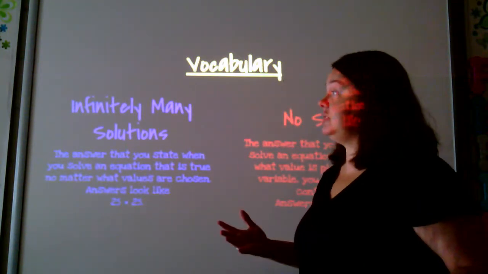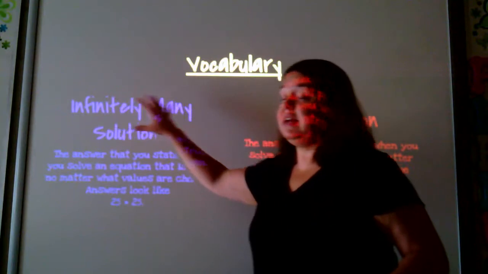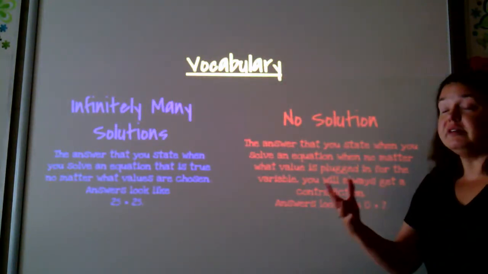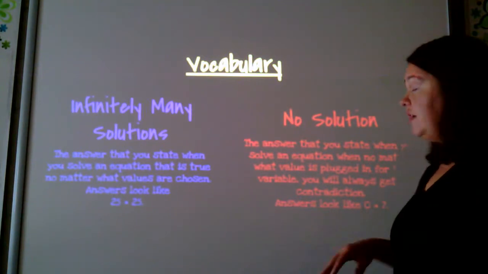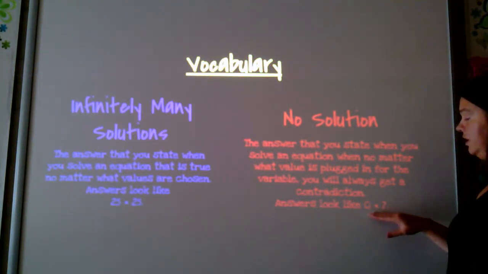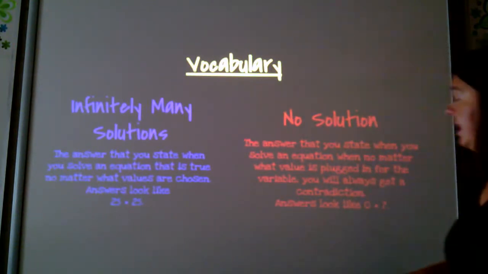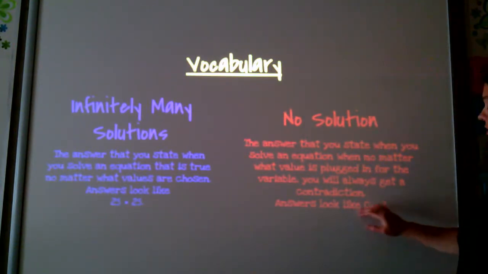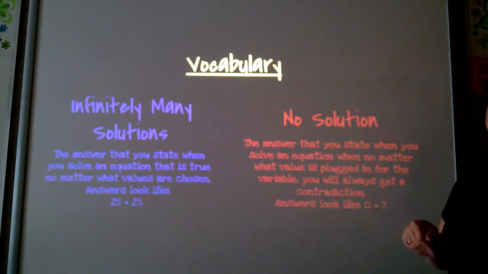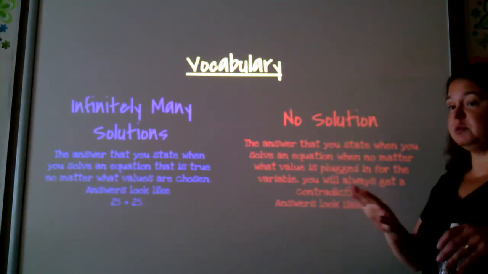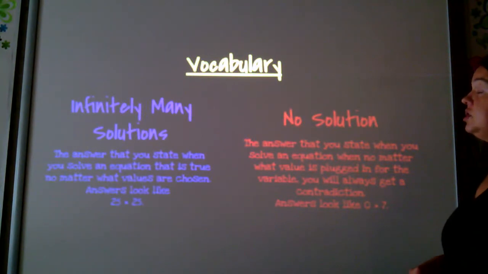It's a true statement, and then you have to say infinitely many solutions. No solution, same boat. Your variable is going to disappear when you start solving the equation, but you're going to get something weird at the end, like 0 equals 7, or 5 equals 2, or something like that. And when you get that with no variable in it, you're going to be like, that's not true, and then you're going to write no solution. Okay, so those are your special solutions there.